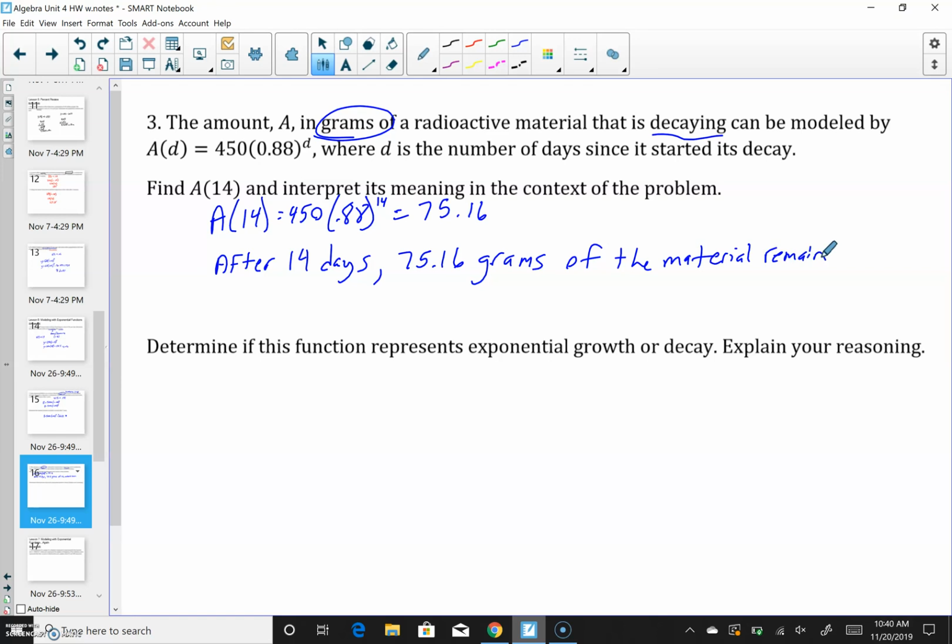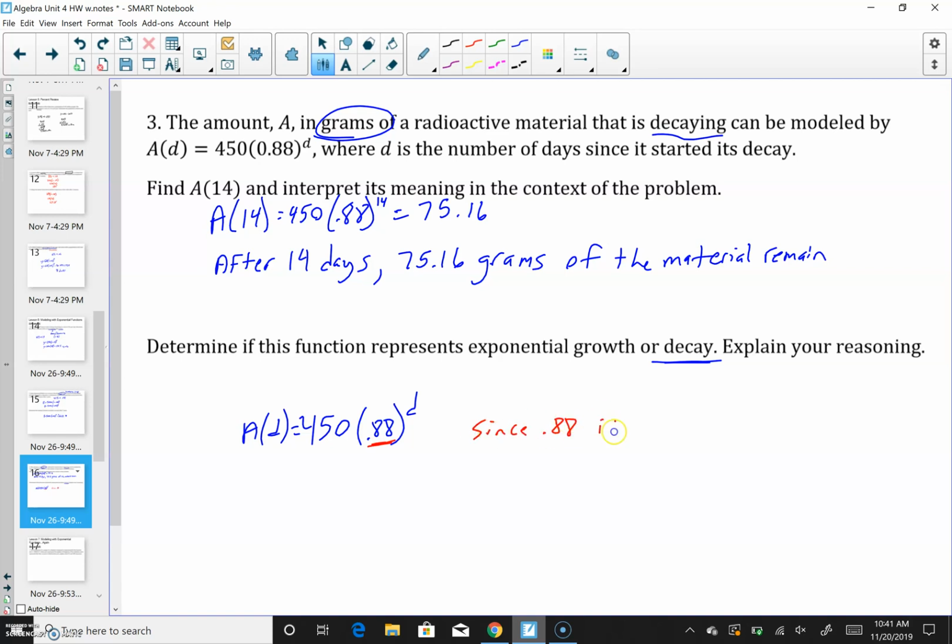Determine if this function represents exponential growth or exponential decay. This is going to be decay, and the reason is, if we look at our equation, you always want to focus your attention on what is in the parentheses. So when you do that, you're going to look to see if it's greater than 1.